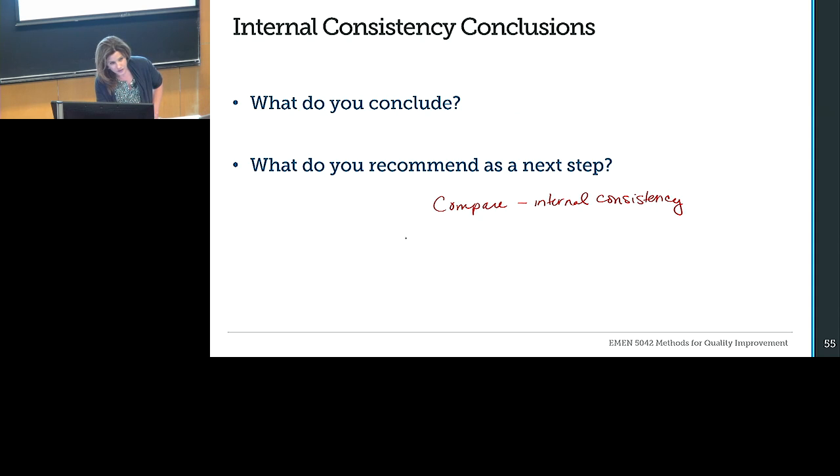Then next, you would do concordance with each other. And then, finally, concordance with a standard.